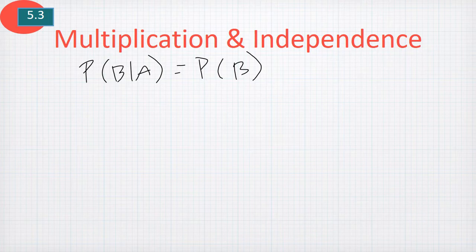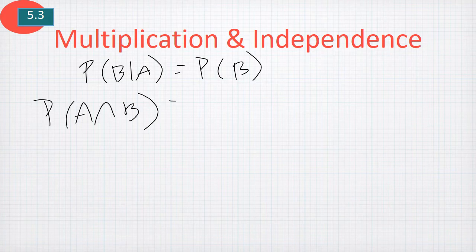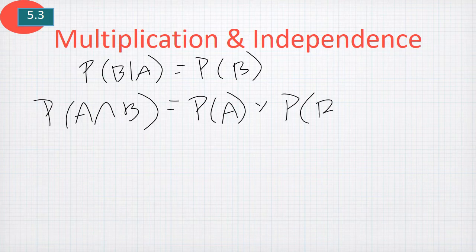So let's assume we have some independent events, and let's put this into the multiplication rule that we learned yesterday. So we have the probability of A and B occurring is equal to the probability of A times the probability of B given A. Fabulous.